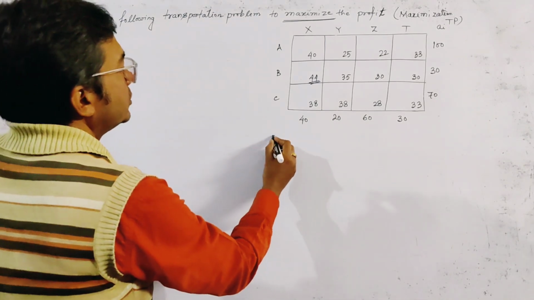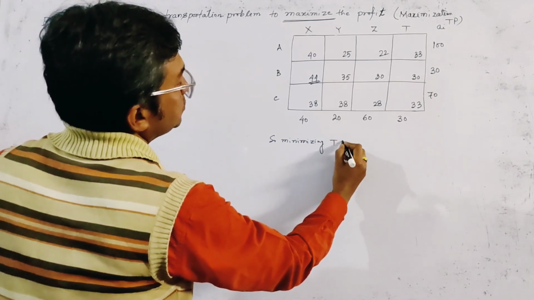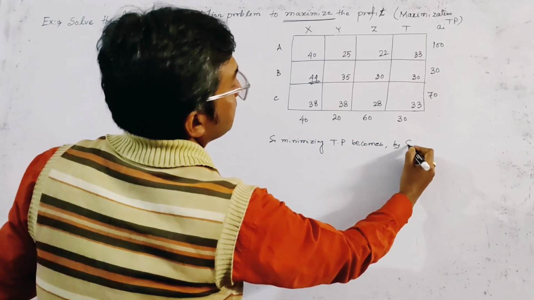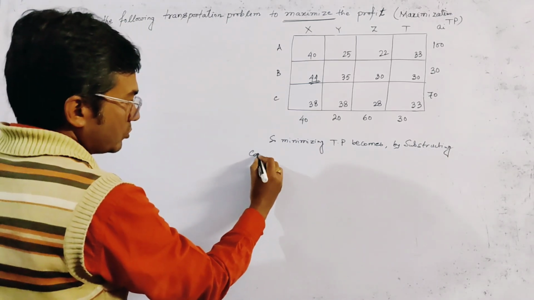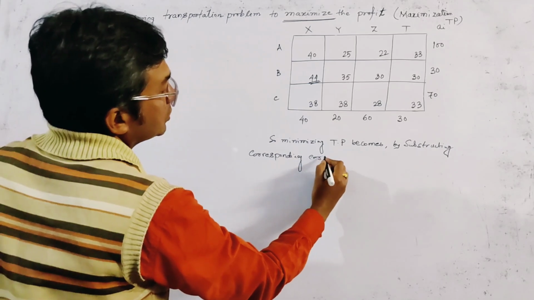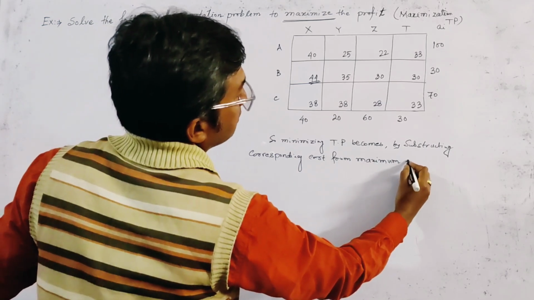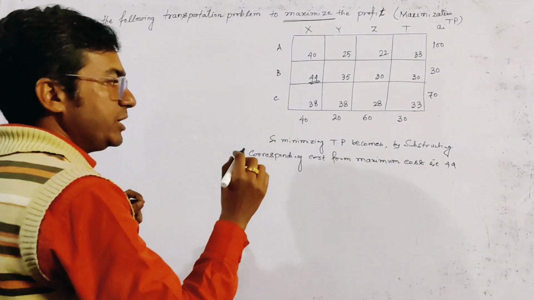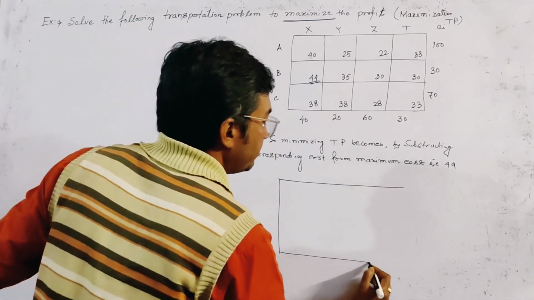The minimizing transportation problem becomes, by subtracting corresponding cost from the maximum cost, that is 44.